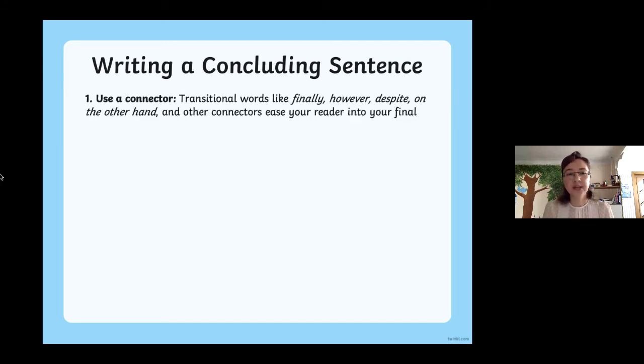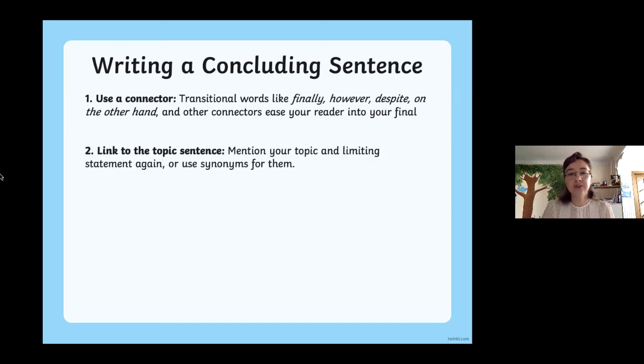So the first tip is use a connector. Transitional words like finally, however, despite, on the other hand, and others ease your reader into your final sentence, into your conclusion. Second, link to the topic sentence. Mention your topic and limiting statement again, or use synonyms for them, all right?